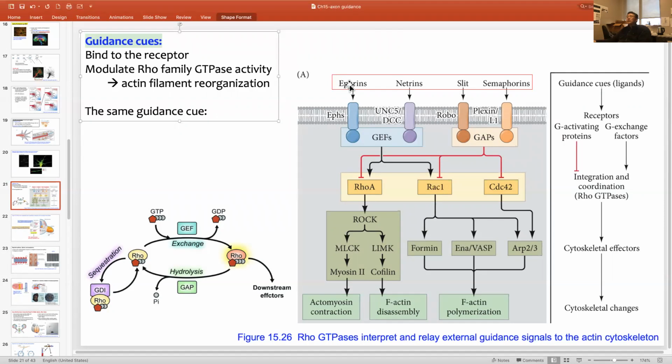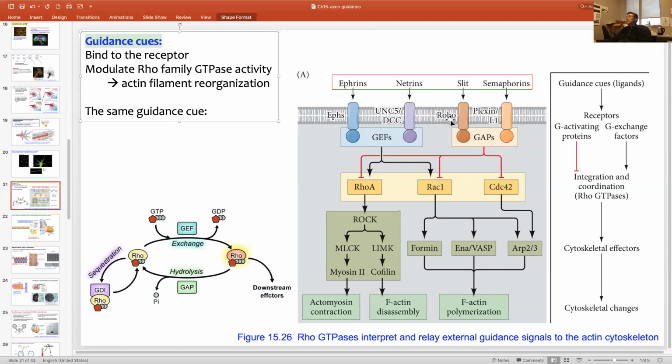These guidance cues are in the extracellular space over here, and this is the terminal of the axons, and these signals are recognized by specific receptors. The ephrins recognize the EPH receptor. Netrins bind to the receptors called DCC or UNC5.